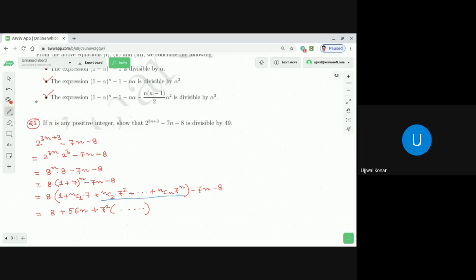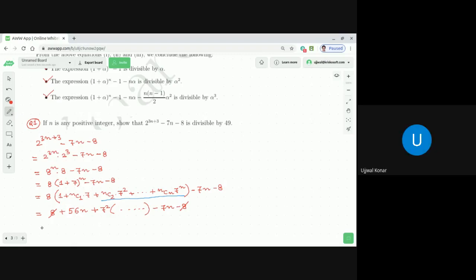So that's why I wrote 7 square into something minus 7n minus 8. So 8 and 8 got cancelled. 56 minus 7 is equal to what? 49. 49 is equal to what? 7 square. Correct or not?